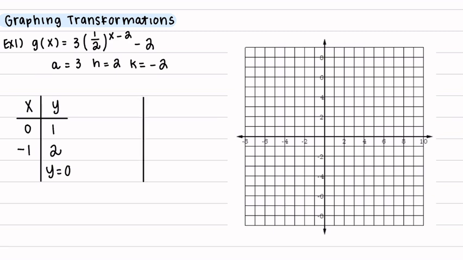My transformation table would consist of the transformations of x and the transformations of y. And the only value that affects x is the h. So I have x plus 2, giving me x values of 2 and 1. And my y value transformations would be 3y minus 2, giving me values of 1, 4, and y equals -2.